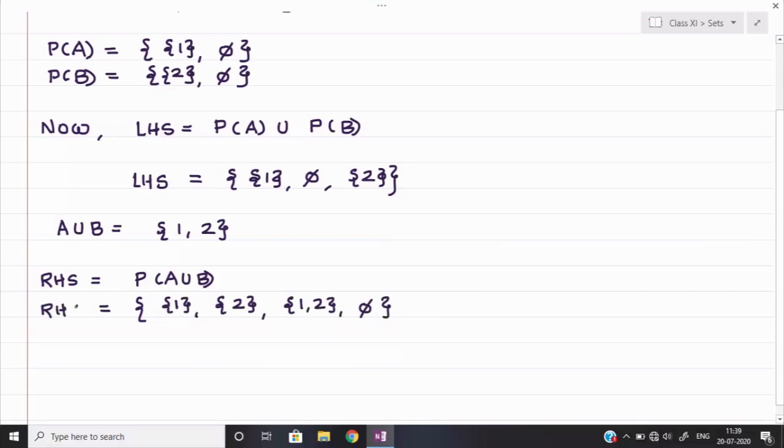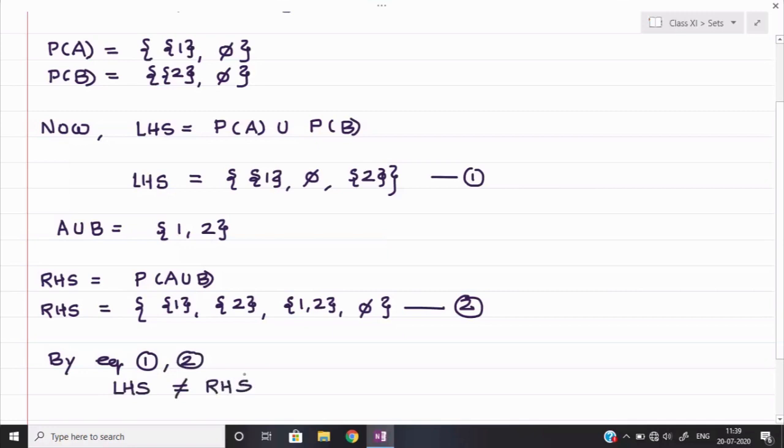Now suppose I call this one first and this one second. By the first and second equations, we can say that LHS is not equal to RHS.